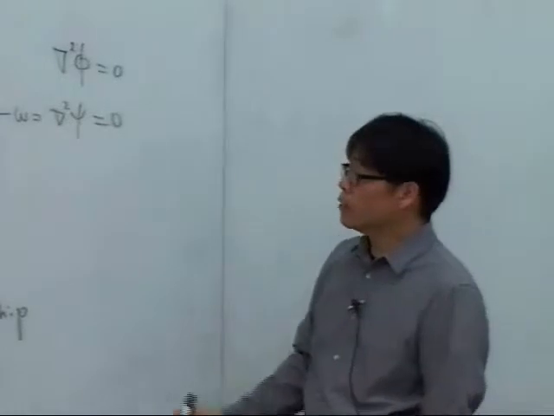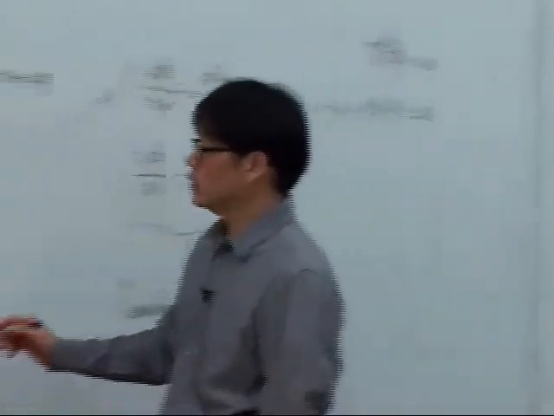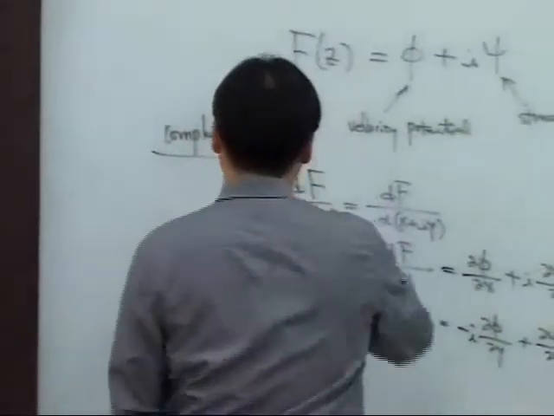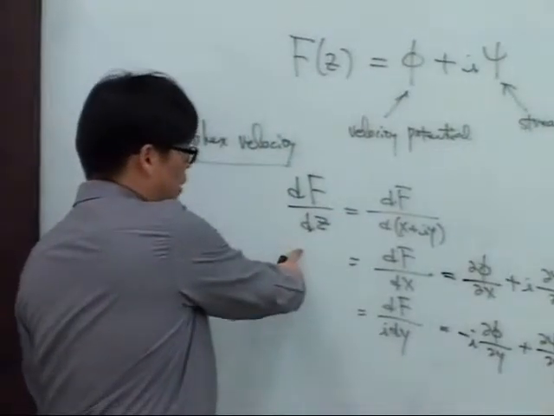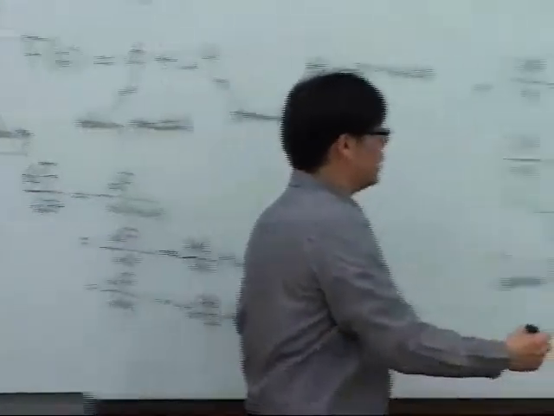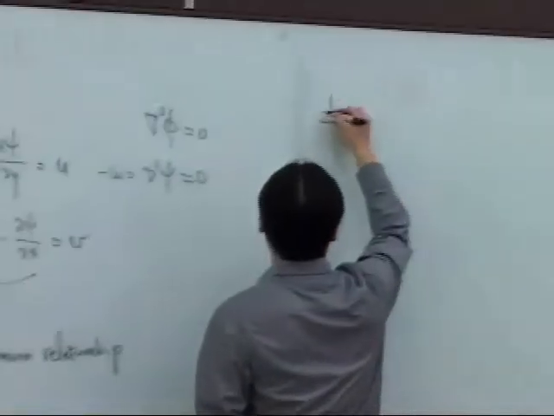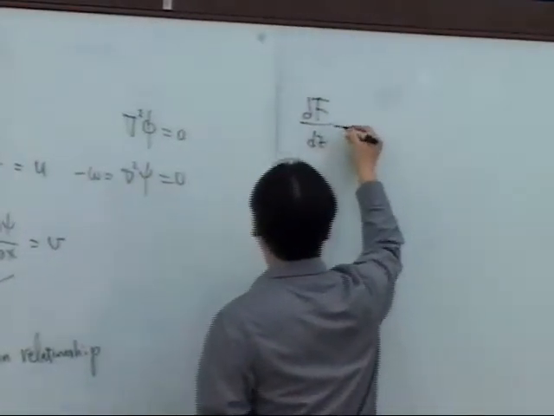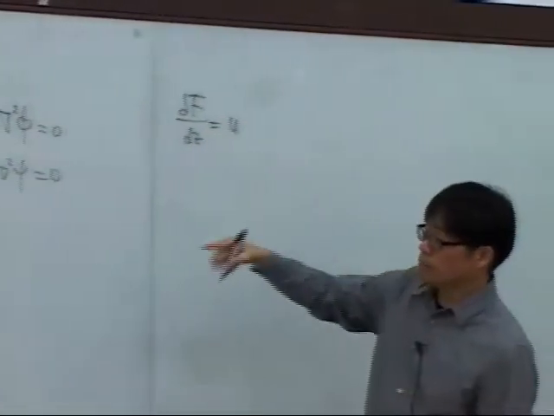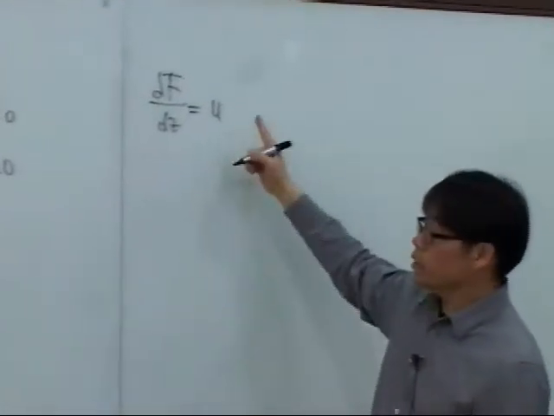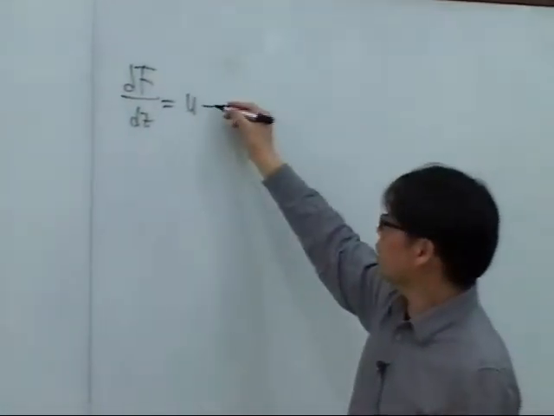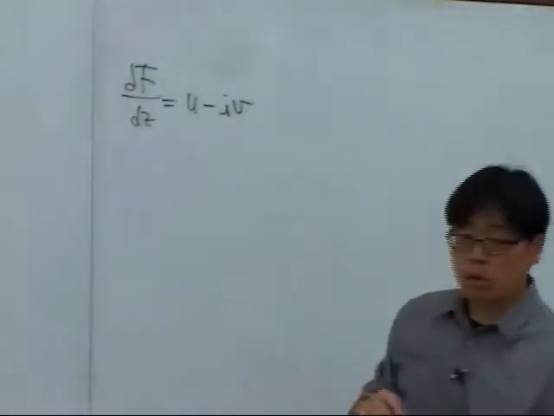But anyway, what we really want is the complex potential, and df/dz is equal to u minus iv, because d phi/dx is u, and d psi/dx is minus v.